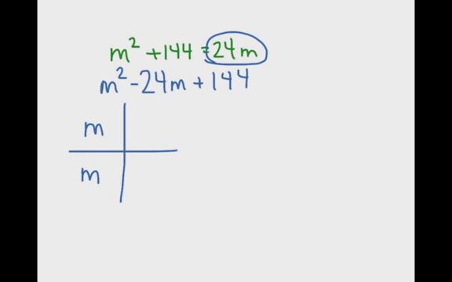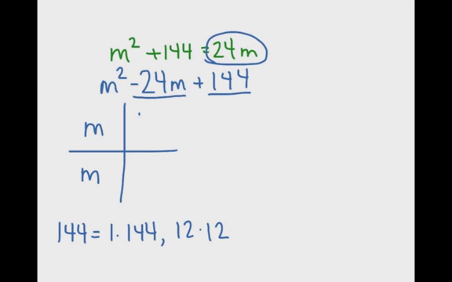And then our factors of 144, we have 1 times 144. Okay, and we need something that when we cross multiply we get -24. So we also know that 12 times 12 equals 144, so let's give that one a shot.